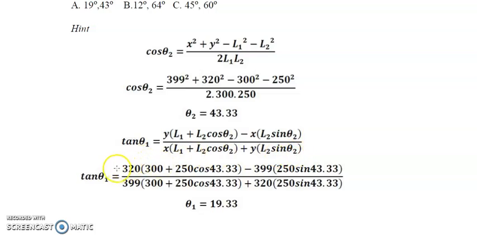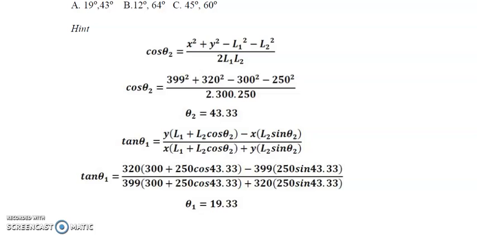So tan theta 1 is equal to 320 into 300 plus 250 cos 43.33 minus 399 into 250 into sin 43.33, divided by 399 into 300 plus 250 cos 43.33 plus 320 into 250 sin 43.33. So the answer is 19.33.